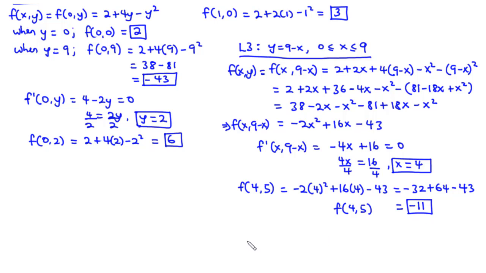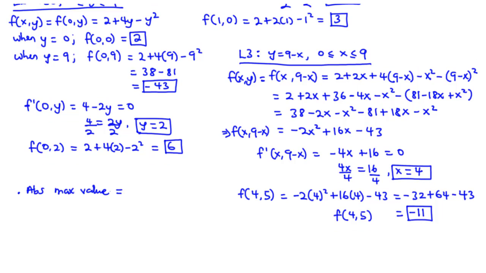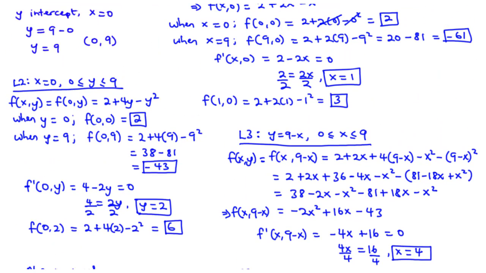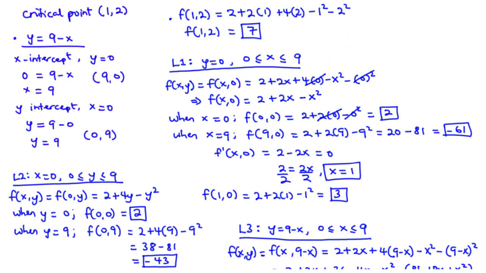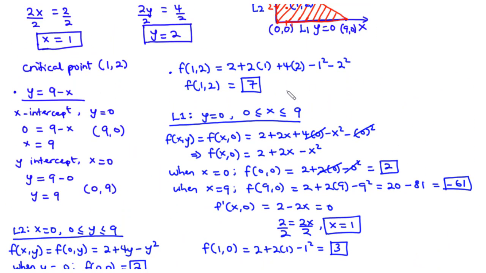Now at this point, we are going to compare all the values we've obtained. So what do you think will be the highest value? Let's say we have a 6 here, we have a 6 here, and then we also have a 7 here.